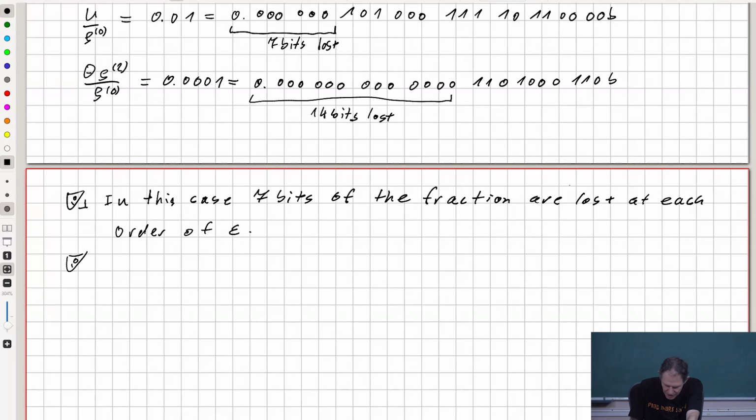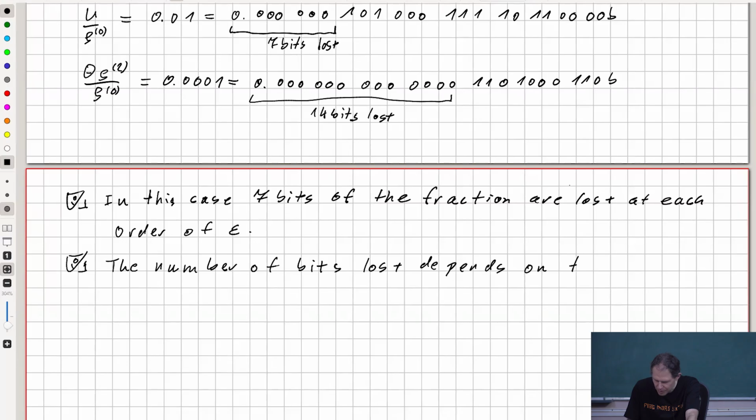Of course, the number of bits that you lose is a function, or depends, on the magnitude of the value of the first value, so the epsilon 1 value.